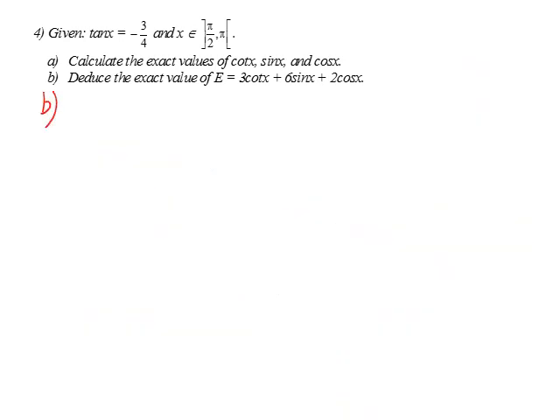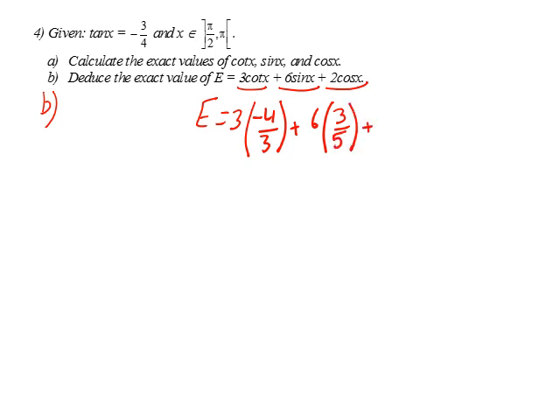B. E equals 3 cotangent x plus 6 sine x plus 2 cosine x. So 3 cotangent x is 3 times minus 4 over 3, 6 sine x is 6 times 3 over 5, and 2 cosine x is 2 times minus 4 over 5.